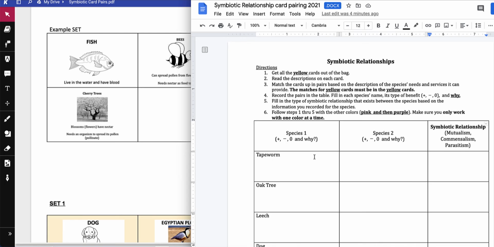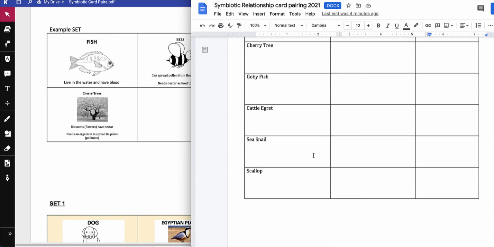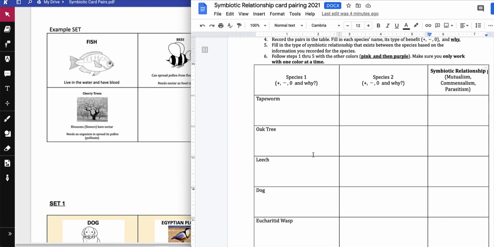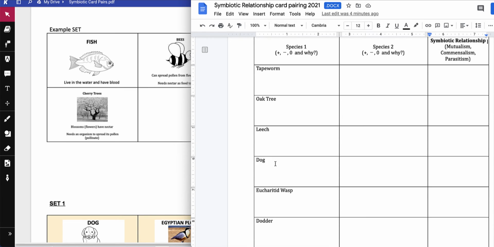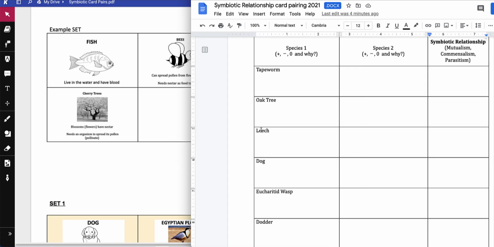So I'm going to look on here and see if I see fish or leech. Oh, there's the fish right there. So if I'm looking at, where did it go? I just saw it. Oh, here's the leech. So the other species is going to be the fish. So I'm going to write fish. And we know the fish is going to have a minus. I'm going to put a minus symbol. And what are they going to get out of it?